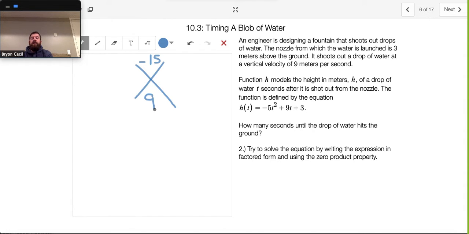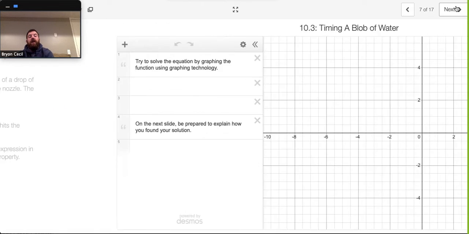And so what are multiples of negative 15 that when I add them together give me a 9? Golly, right now I can't think of anything. We've got to try to write this in factored form using the zero product property, but I can't think of anything right now. You've got 5 and 3, 15 and 1. So we couldn't use this right now.